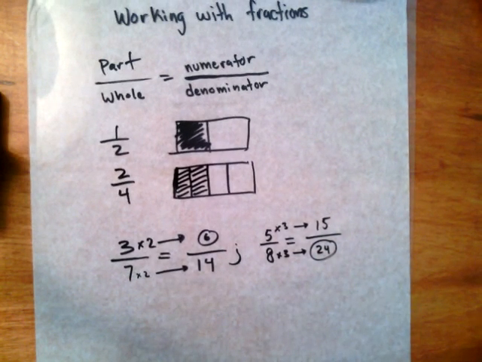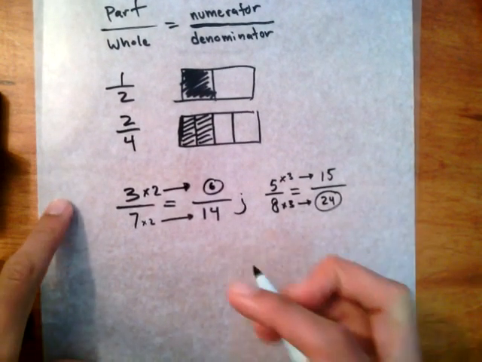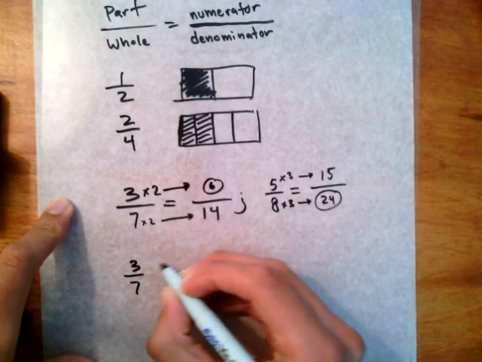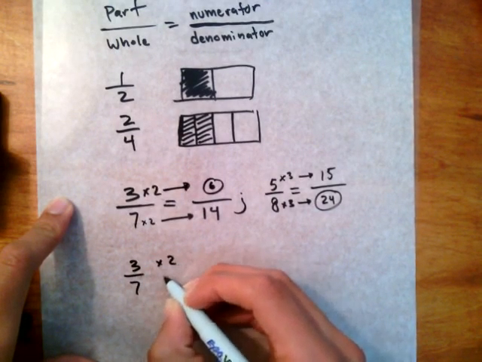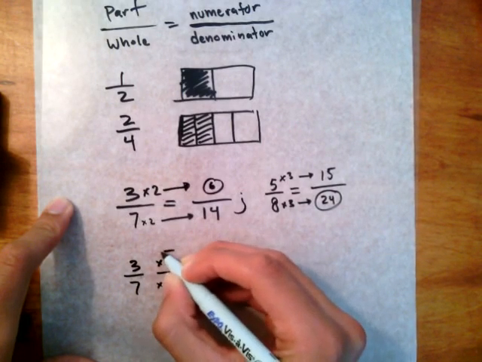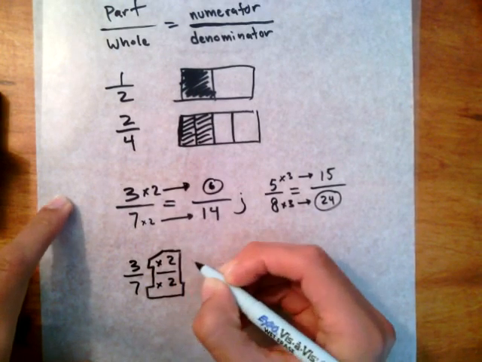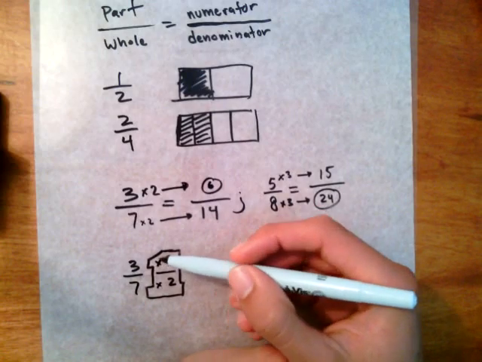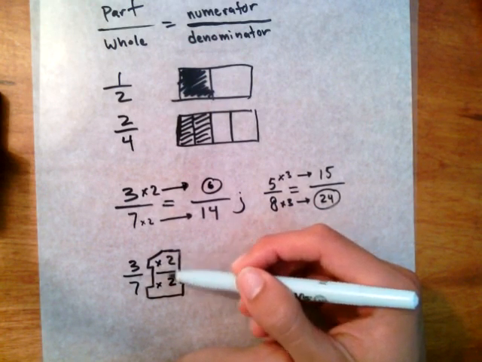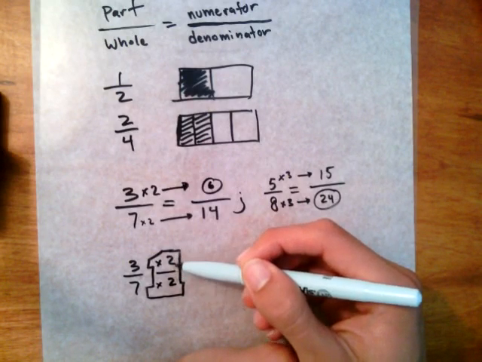Now, why does this work? Well, let's look back at the first example where we did 3 over 7. I multiplied the numerator by 2, and then I multiplied the bottom by 2. And essentially, this forms a large one. The idea is that you're just multiplying by a fraction that is a whole quantity. That's another way of representing the quantity 1.